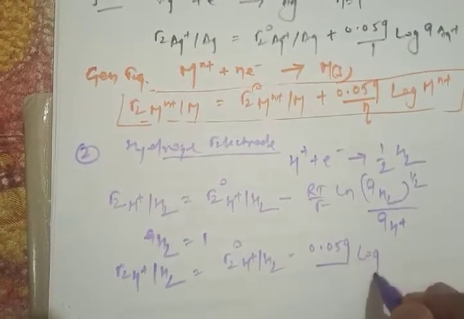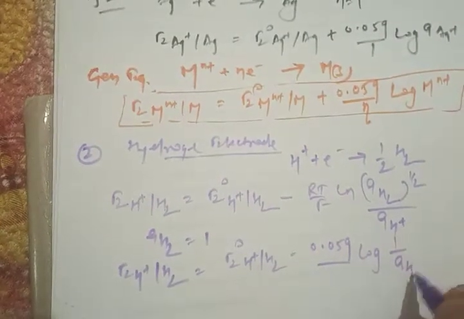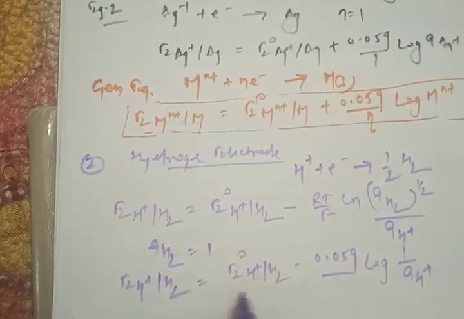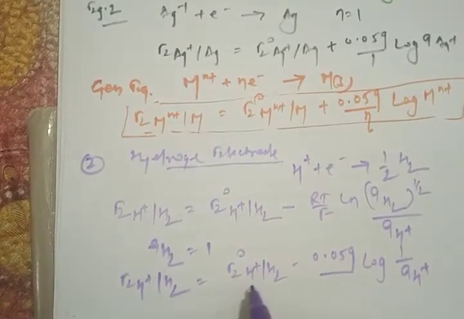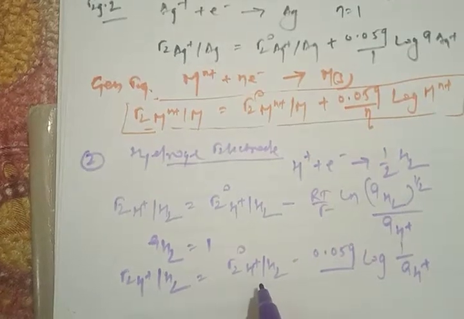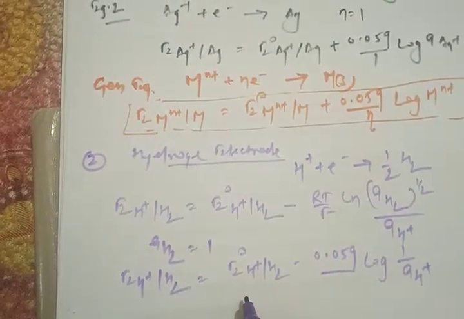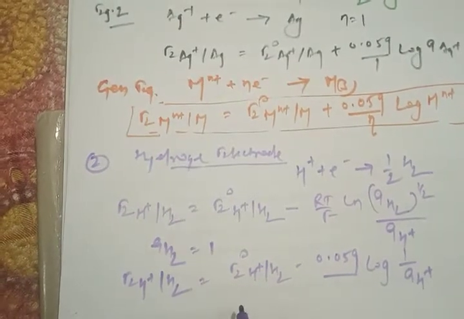Then this is the log 1 upon AH plus, and again see, this is the electrode potential value, and we know that the electrode potential value for hydrogen electrode will be 0. Okay, it is 0 always.